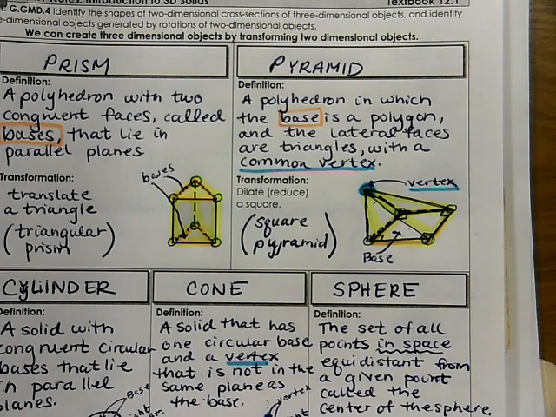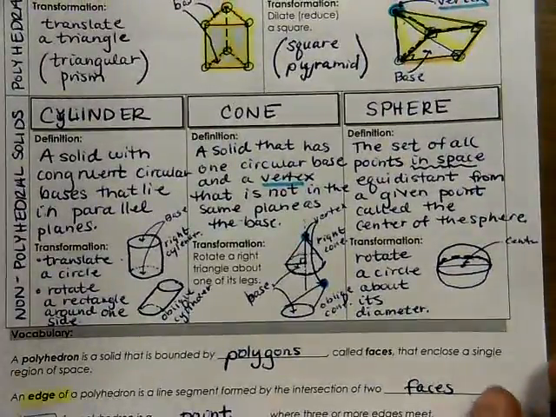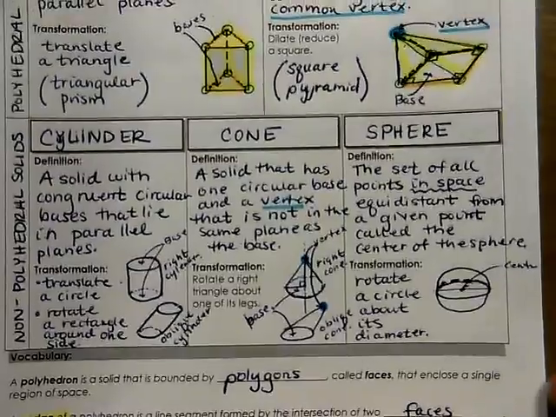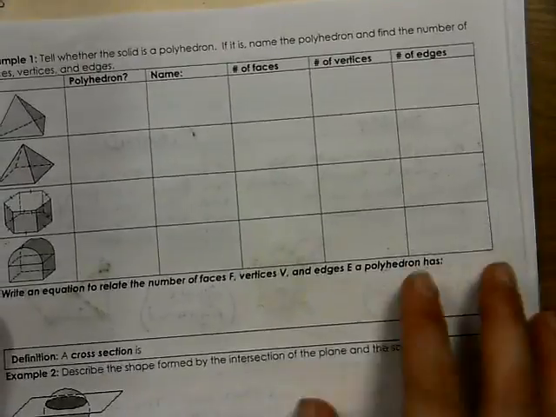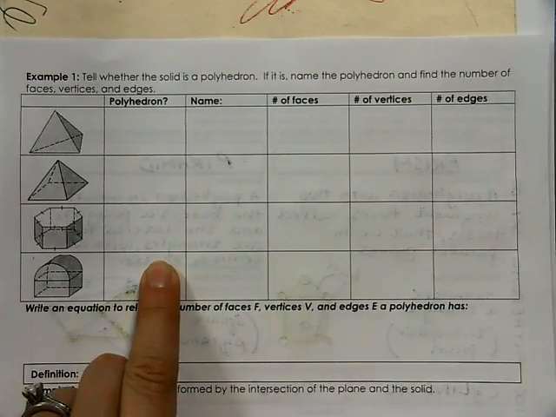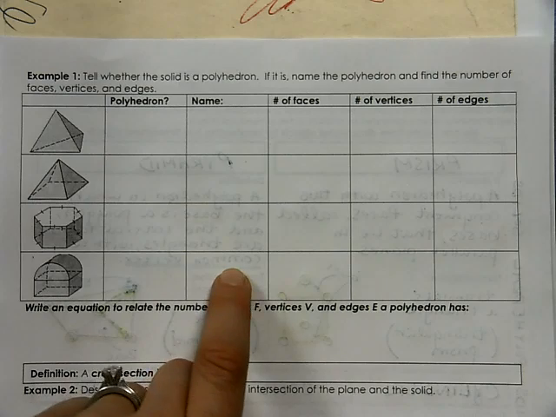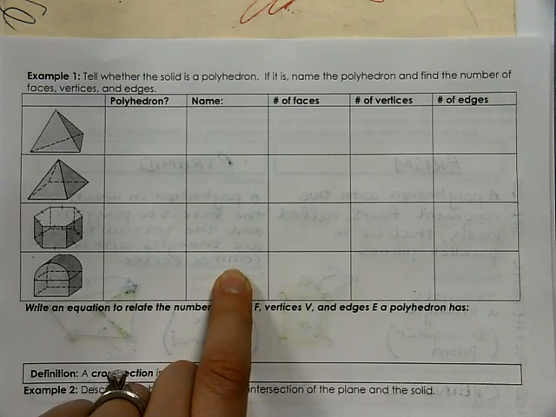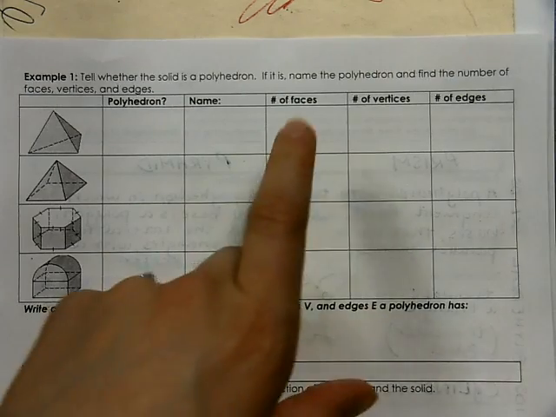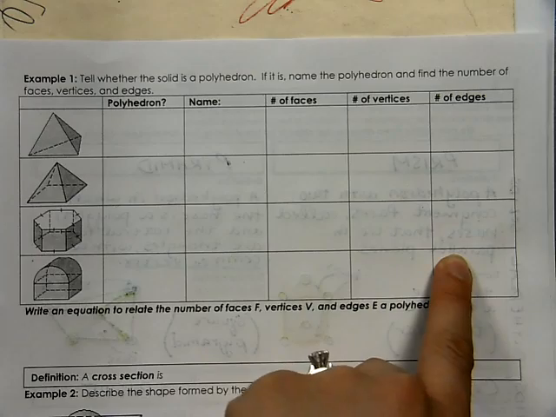Okay? All right, so here's just a bunch of vocab for you. We talked about these 3 solids, and what you're going to do on your own now is flip to the back. I give you 4 different solids. I want you to determine whether or not it's a polyhedron. I want you to name it if it is, based on how we talked about naming the polyhedrons on the front. And then, if it's a polyhedron, determine the number of faces, the number of vertices, and the number of edges that it has.